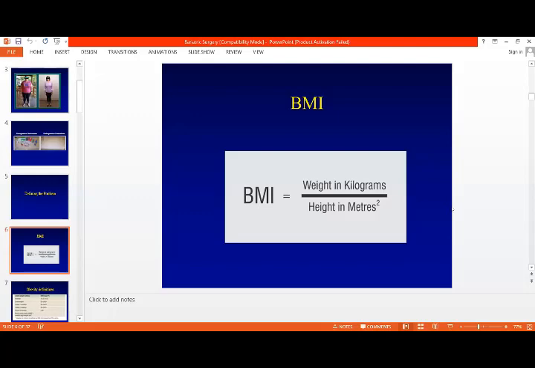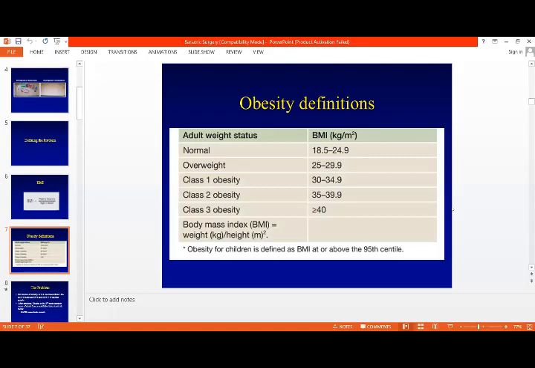And the definitions of obesity, overweight and morbid obesity all depend on the BMI. So you can all calculate your BMI and see where you fall. This is for adults.